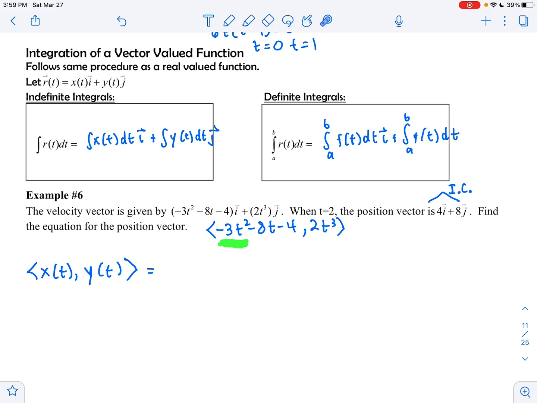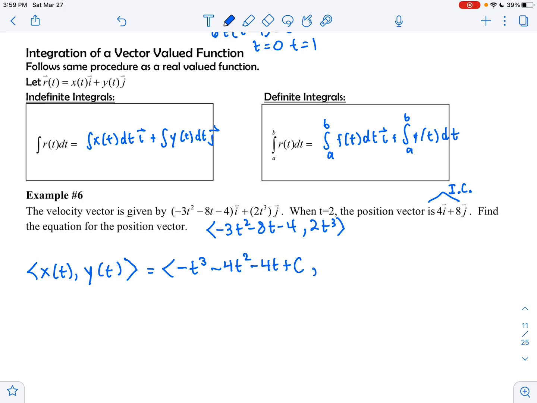If I integrate negative 3t squared, I'm incrementing 2 by 1, so 3, dividing by 3, and I get negative t cubed. If I integrate negative 8t, divide by 2, so negative 4t squared, and then minus 4t. And remember, that's just the horizontal component. I'm going to add c to that.